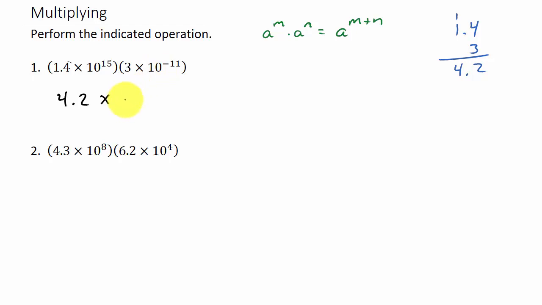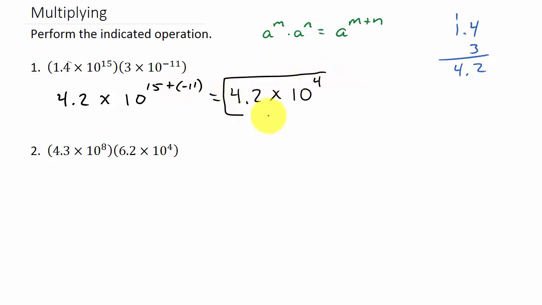So this would be times 10, and then we add exponents, so that's 15 plus negative 11. And so this would give us 4.2 times 10 to the 4th, and this would be your answer.